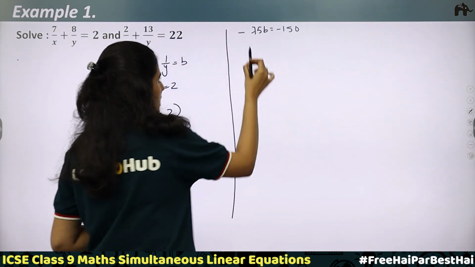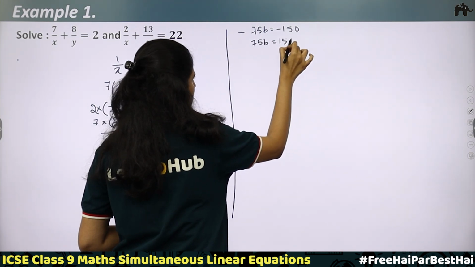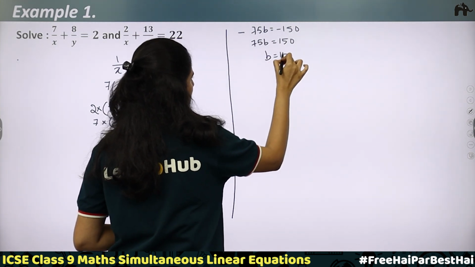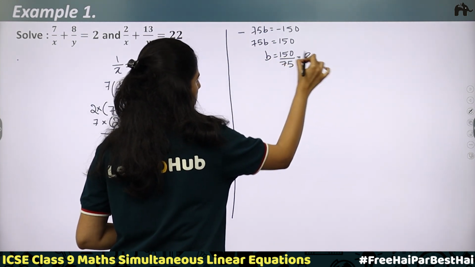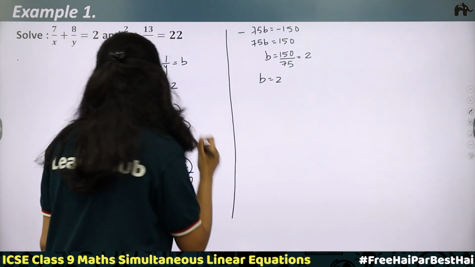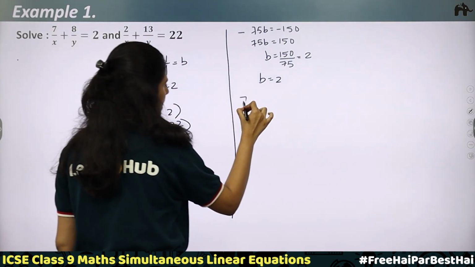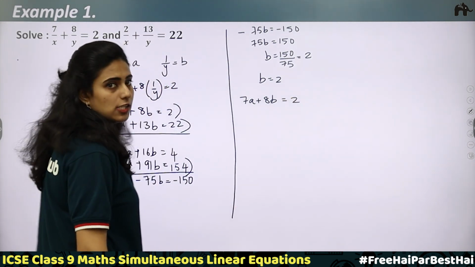Which means 75b is equal to 150 and b is equal to 150 divided by 75, which is equal to 2. So b is equal to 2. Now we can find a in any of the expressions, that is 7a plus 8b is equal to 2. Substitute in place of b.